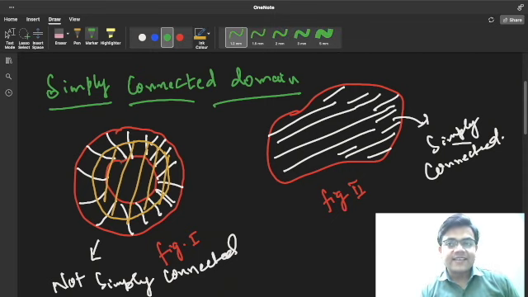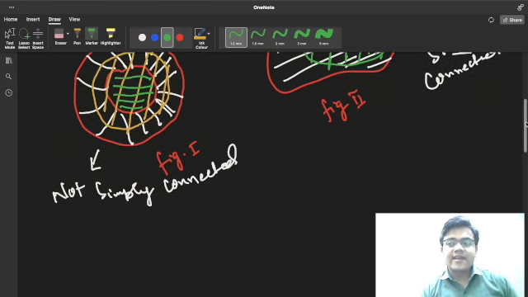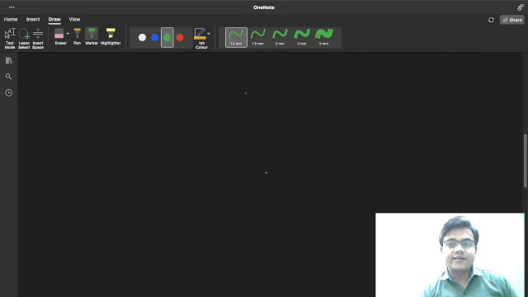This area is not part of the domain. But in a simply connected domain or region, if you take any closed curve, then the whole area enclosed by it will lie completely inside it. So I think now you can easily write the definition of a simply connected domain, isn't it?